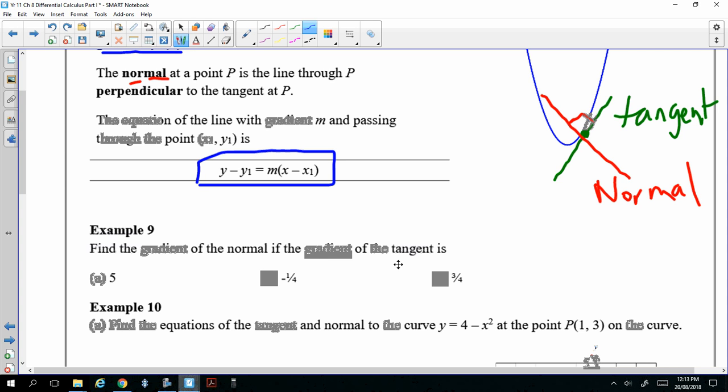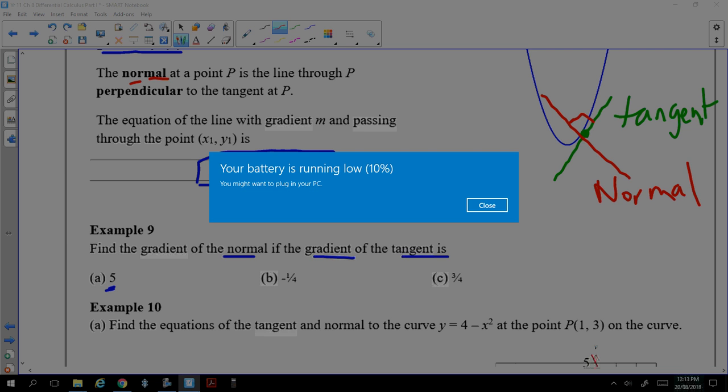Find the gradient of the normal if the gradient of the tangent is 5. So if the normal is perpendicular to the tangent, what would you do?